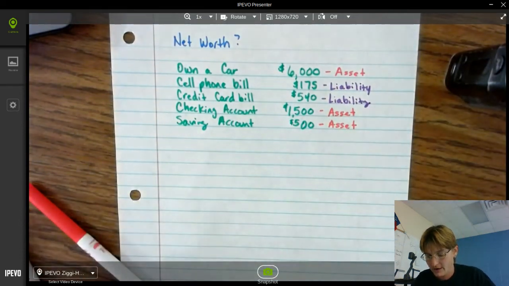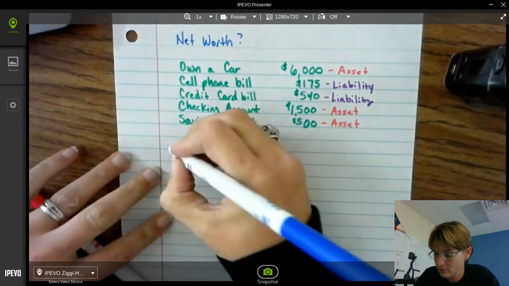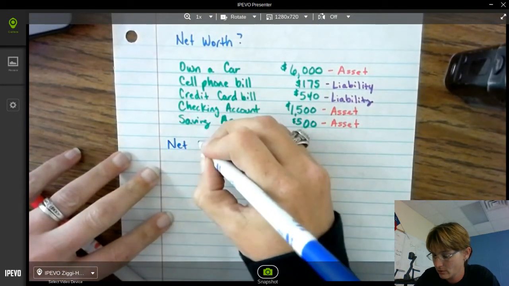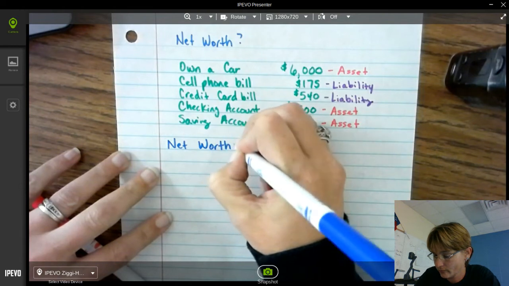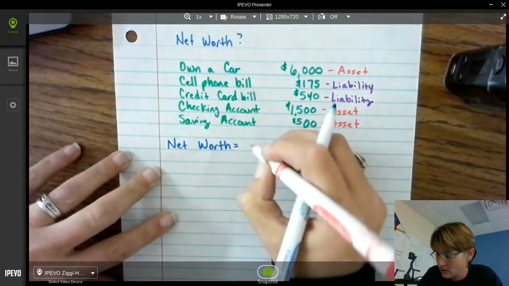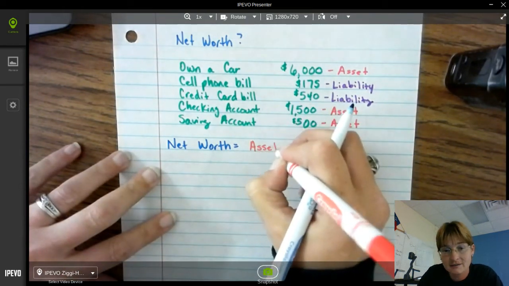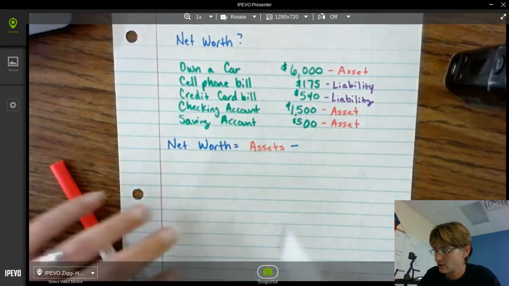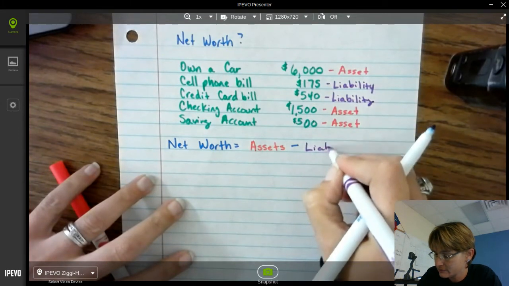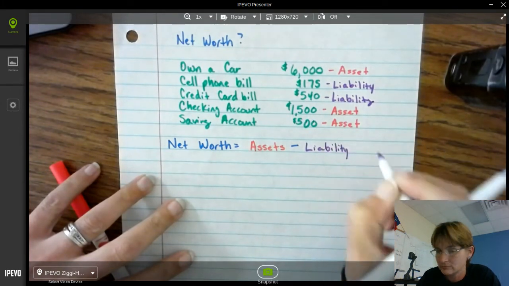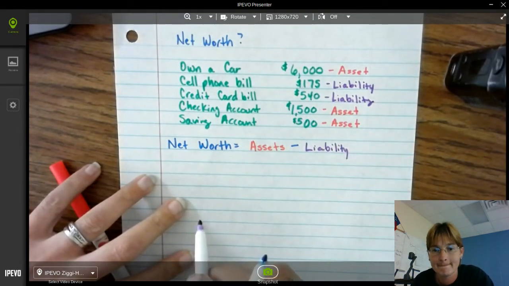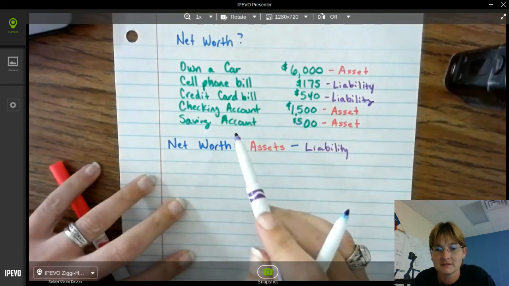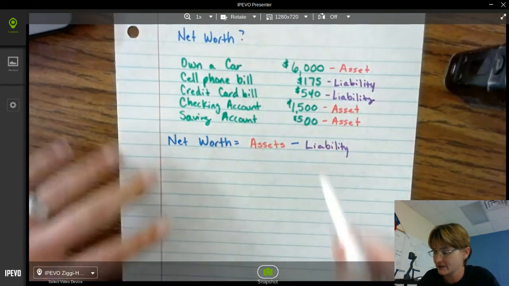Now to determine our net worth, we have to take our assets and subtract our liabilities. From this list, we need to get all of our assets together.